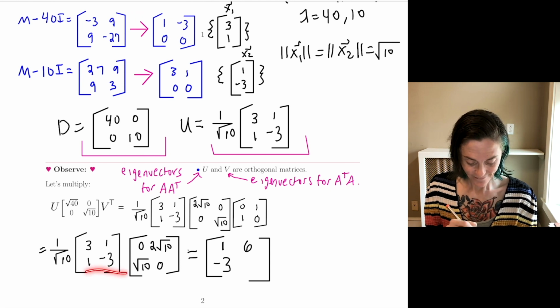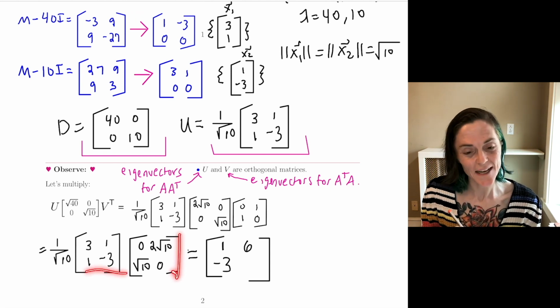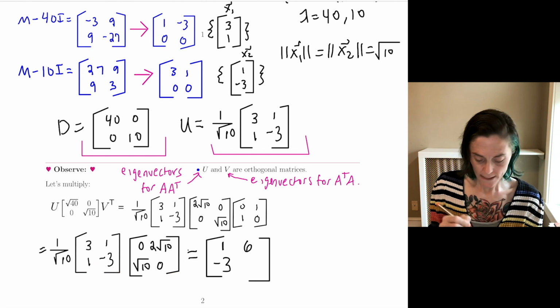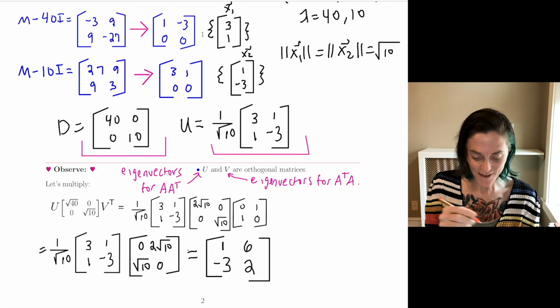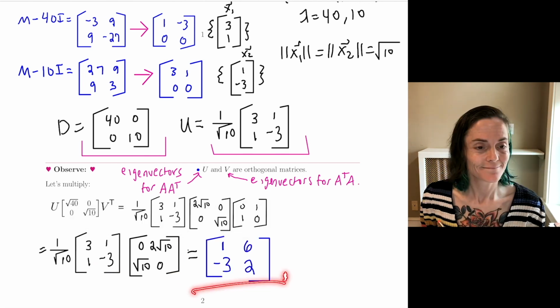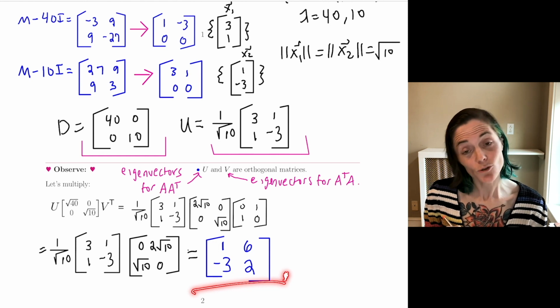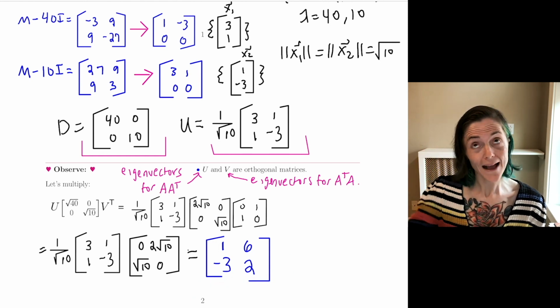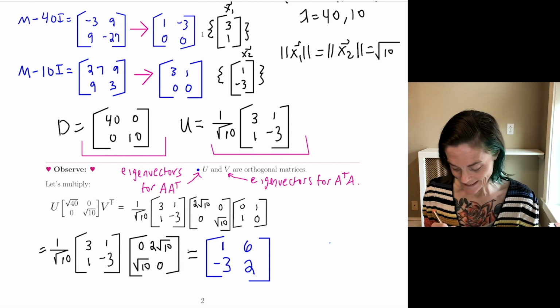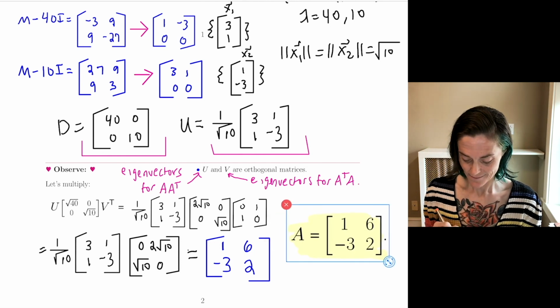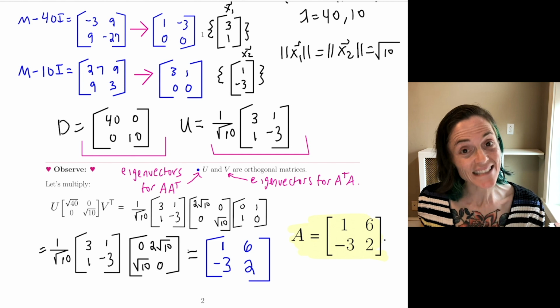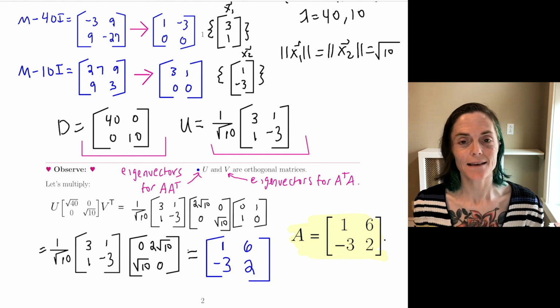Finally, I have 2 square root 10 divided by square root 10, which is 2. Now, have we seen this matrix before? Well, we can scroll back, or go back in the video, but let me just paste. This is matrix A. How remarkable is this?